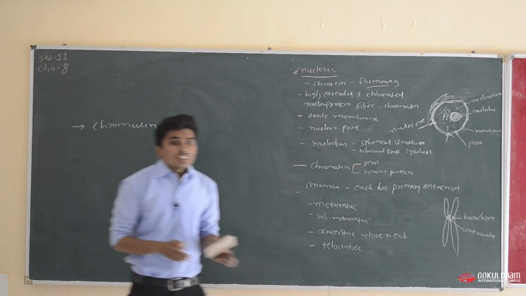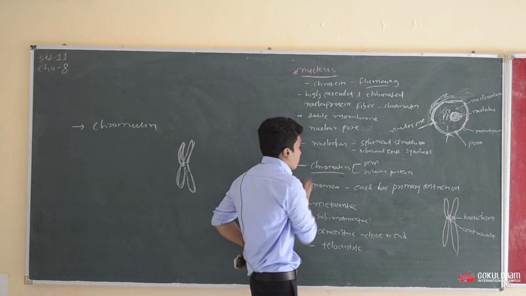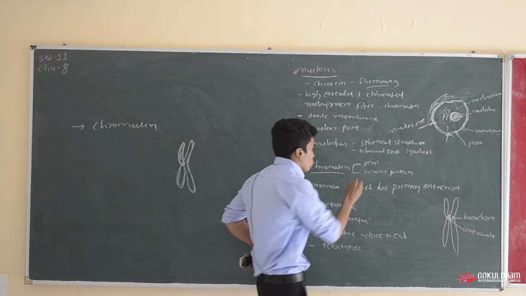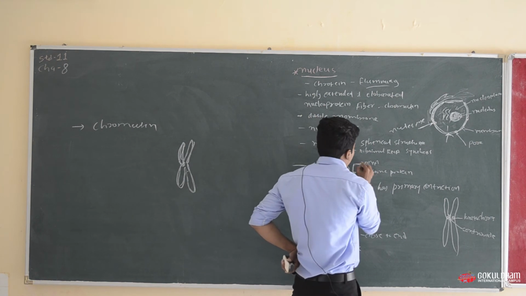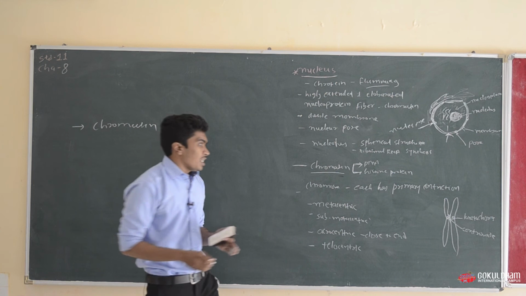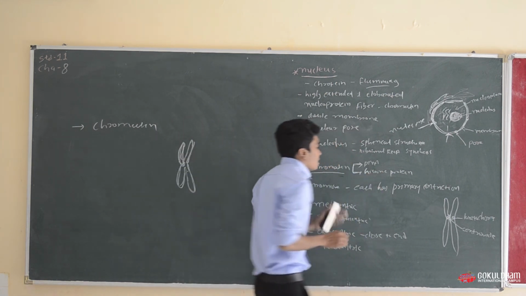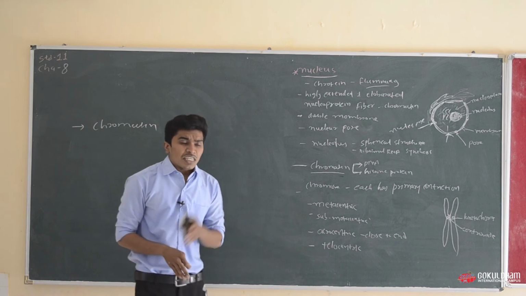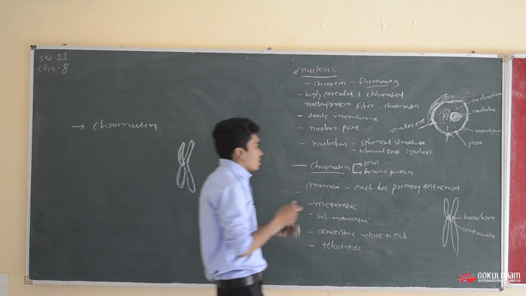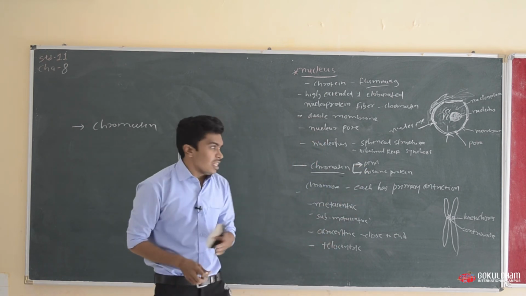But when the cell is in interphase, it has chromatin. This chromatin has DNA and protein. The protein is histone protein. The DNA is packaged in the histone protein, which will be discussed in detail in class 12.